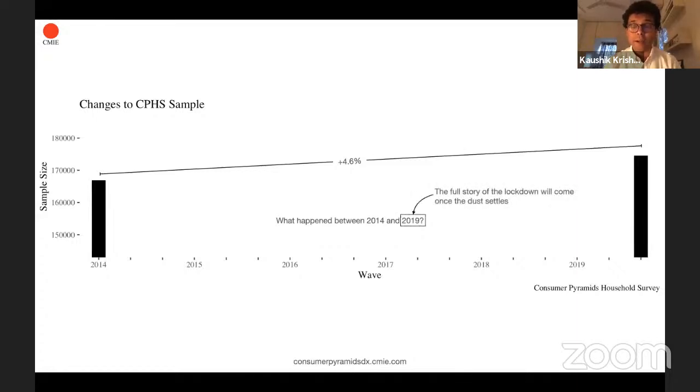Before we get there, there are two caveats that I want to address at the very beginning, because I'm sure this question is on many of your minds. The first question that many of you likely have is, why, Kaushik, have you ended this at 2019? What about 2020? Our answer is, just after wave 20 was completed, we did a talk about how we surveyed during the lockdown.